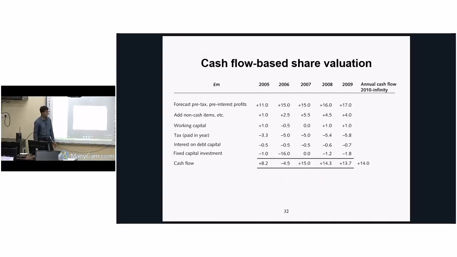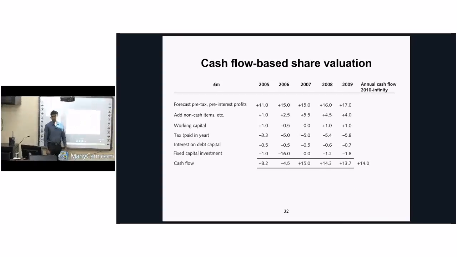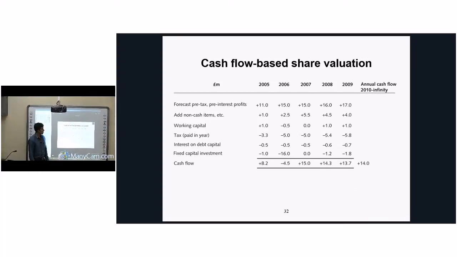And if you look at the cash flows further, they say from 2010 onwards, we assume that we will get the same cash flows forever. Okay, so annual cash flows from 2010 will go to infinity.